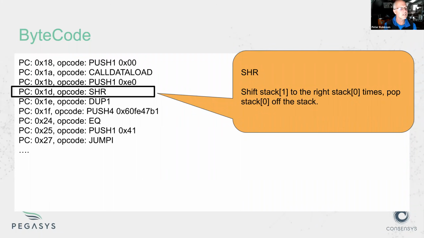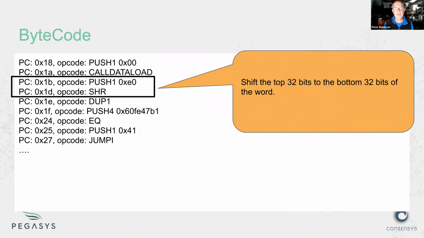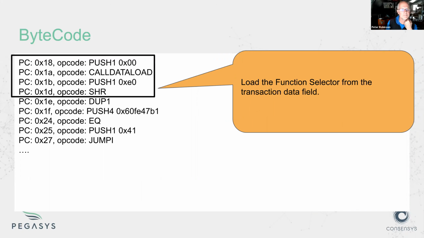Then we're going to shift by 0xe0 to the right, because that's the top of the stack. Essentially what that's going to do is shift the top 32 bits from the top of the word to the bottom of the word. And so what this is really doing is loading up your function selector.